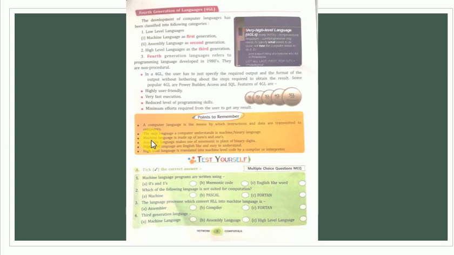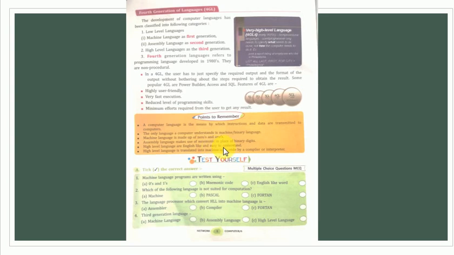Third one is machine language is made up of zeros and ones. Next one is assembly language makes use of mnemonics in place of binary digits. It uses symbols and letters also. High level languages are English like and easy to understand, like we use the English language, so it is very easy to understand.